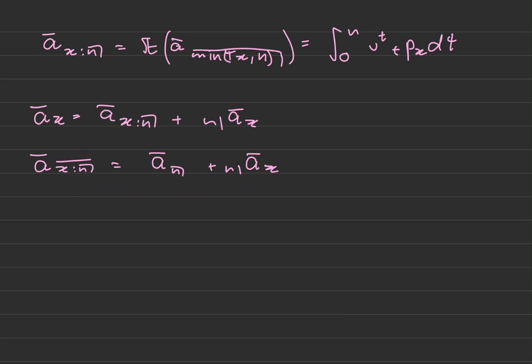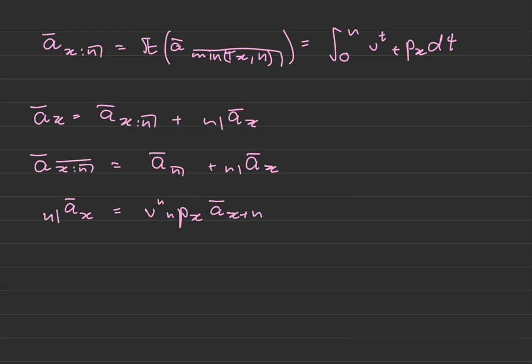Okay, then a deferred continuously payable whole life annuity contract will be equal to v^n nPx ā_{x+n}. So it's a whole life annuity from age x plus n, but now I must also discount it in terms of time and probability by multiplying by v^n nPx.